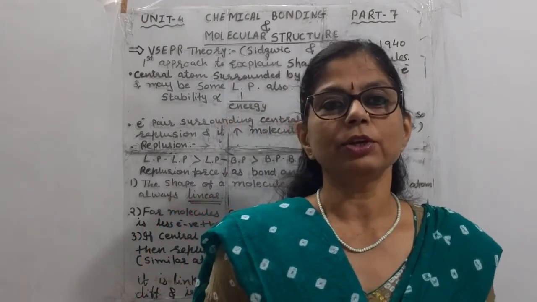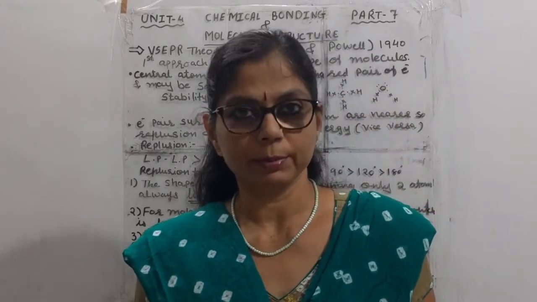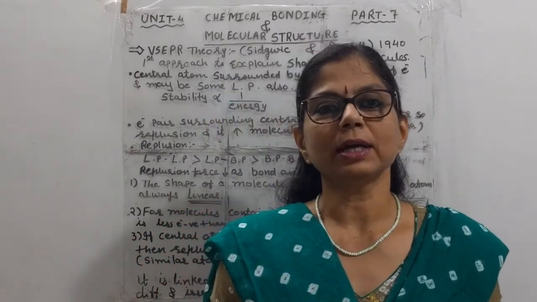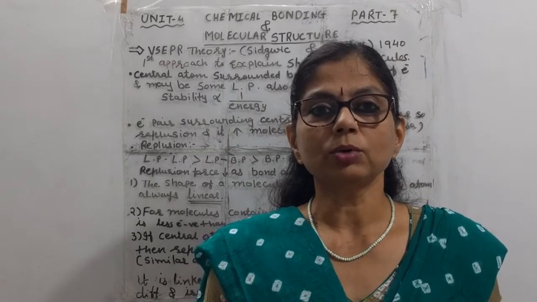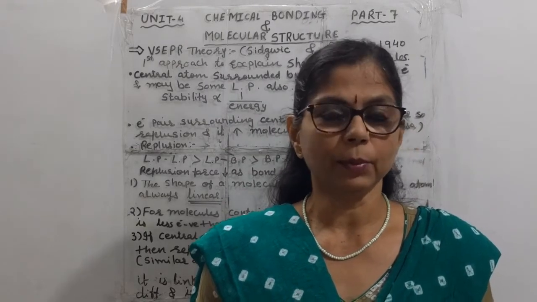Now in the last video we have studied the Born-Haber cycle. The Born-Haber cycle explains the lattice enthalpy for ionic bond formation. The more negative the lattice enthalpy, the more stable the ionic bond.